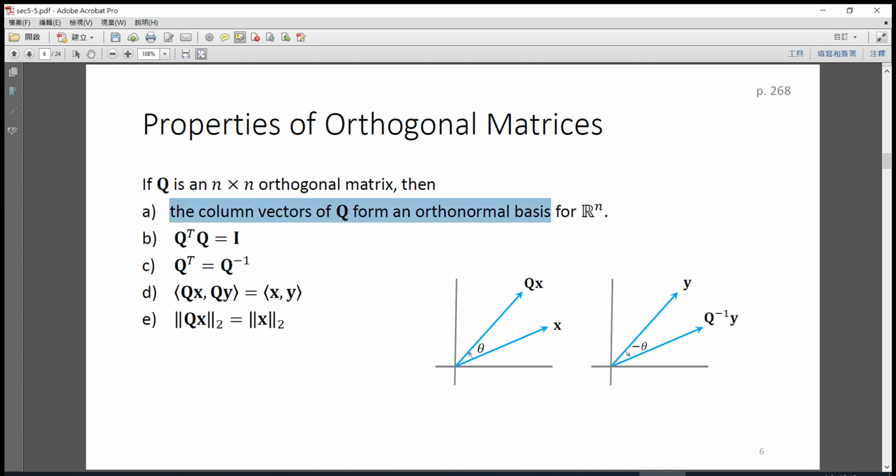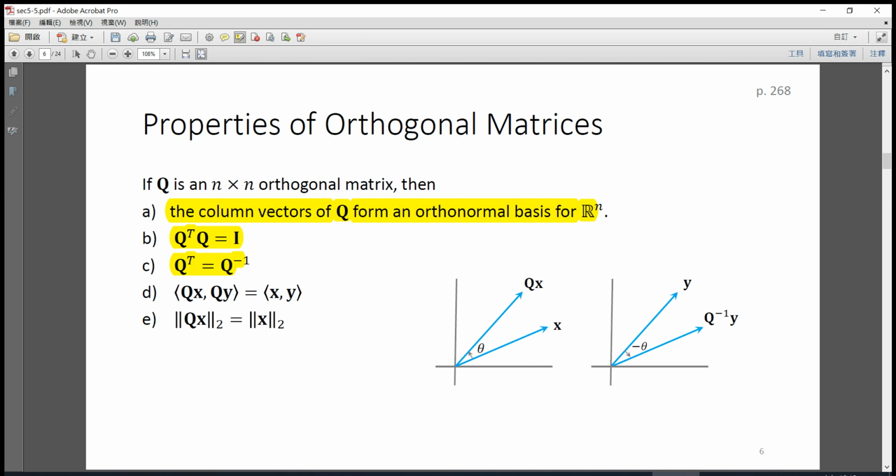This is due to the definition of an orthogonal matrix. Property B: Q transpose Q equals the identity matrix. And this result is from Theorem 5.5.5. And property C: Q transpose equals Q inverse.